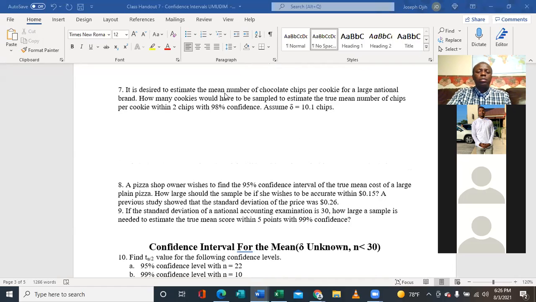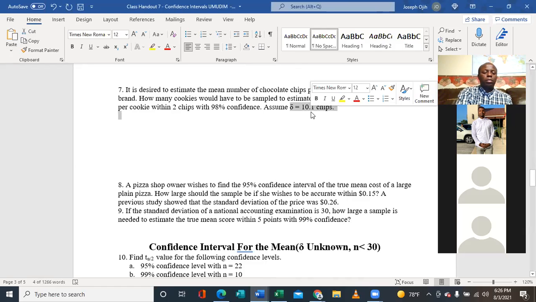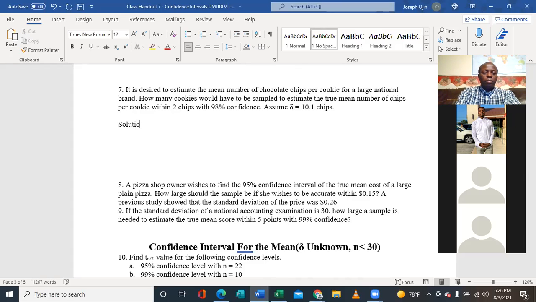How many cookies will have to be sampled to estimate the true mean number of chips per cookie within 2 chips with 98% confidence? Assume standard deviation to be 2 chips. So the standard deviation is 2 chips. So let's solve this. The solution is here.